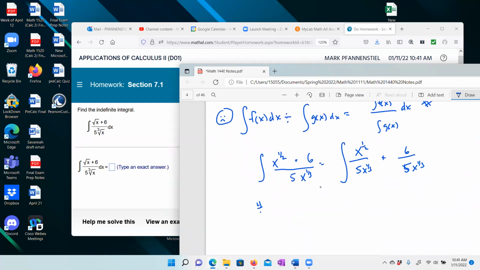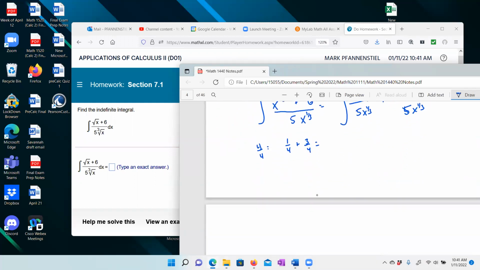If we have 4 quarters, I could put 1 quarter in one pocket and 3 quarters in a different pocket, and I still end up with $1. What I can't do is say, well, I'd like 4 over 1 plus 4 over 3. I can't go to the laundromat with $1 and expect to get anything done anyway.